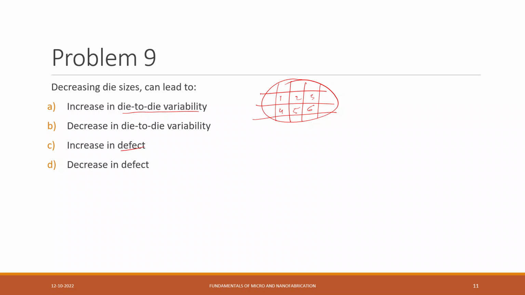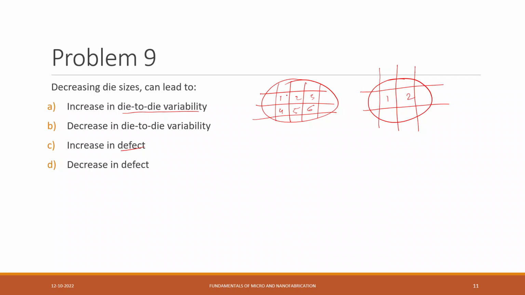Let's see. Consider these are two wafers. If we have bigger dies, so these dies are bigger, essentially you have die 1 or 2.